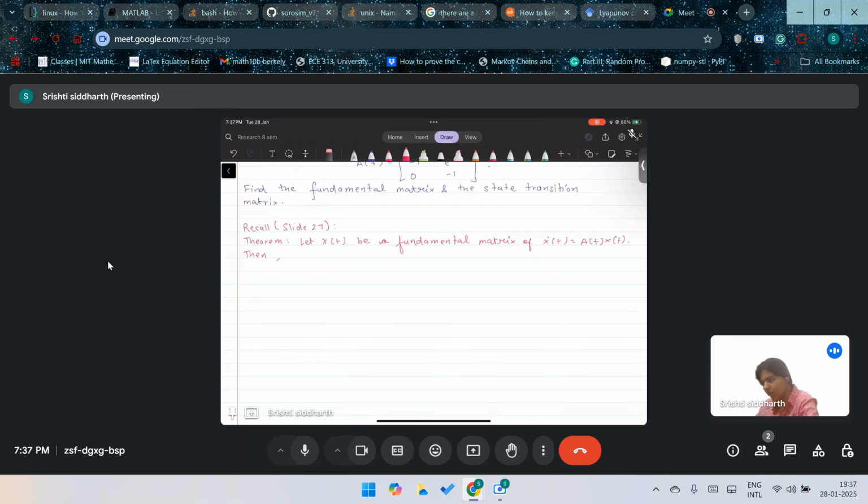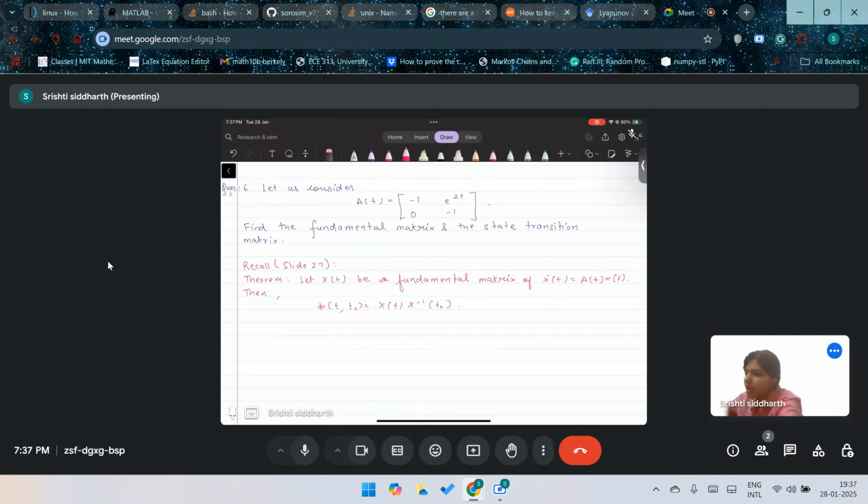And then the state transition matrix phi (t, t naught) is X(t) X inverse (t naught). So what we need to find is this fundamental matrix X of t.